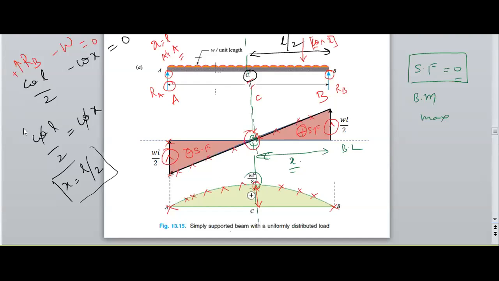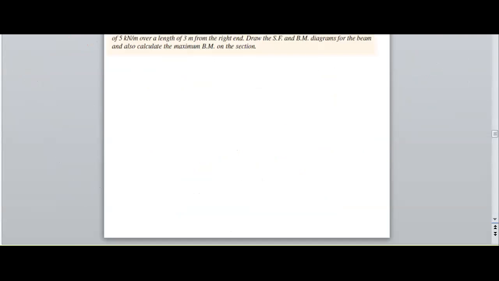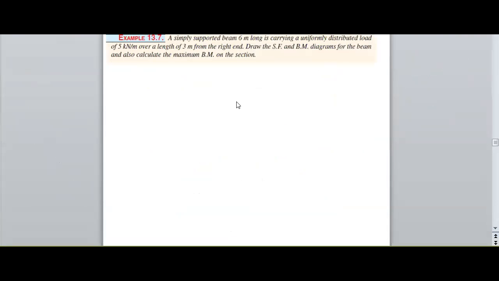Next problem. So here, read the problem once. A simply supported beam 6 meters long, that is the span of the beam, is carrying a UDL, uniformly distributed load, of 5 kilonewton per meter over a length of 3 meters from the right end.